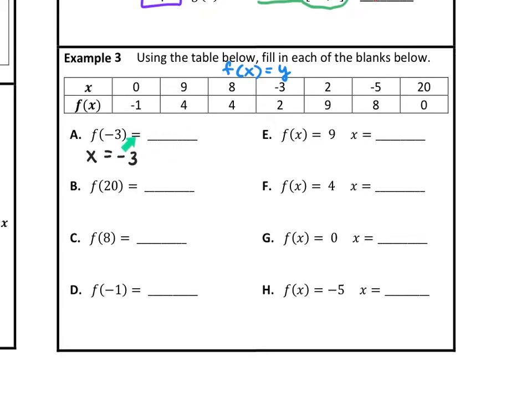But remember, after the equal sign is my y value. So if I look at my x's in this table, do you see an x equals -3? Yes, right? And what's the y value that corresponds to it? 2. So that's my answer.